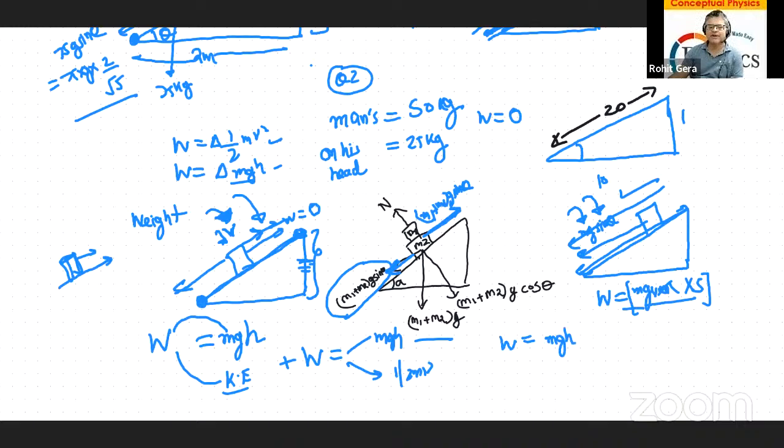Some part gets converted into potential energy in some cases, and the balance may get converted into kinetic energy. And sometimes this is zero, this is complete, this is zero, and this is full. But sometimes both can be accomplished. You may accelerate upwards, your velocity is increasing, and also your potential energy is going up with respect to Earth. MGH is also increasing.